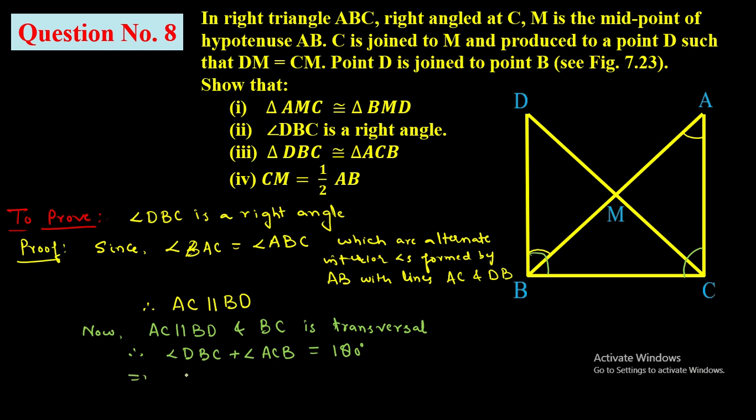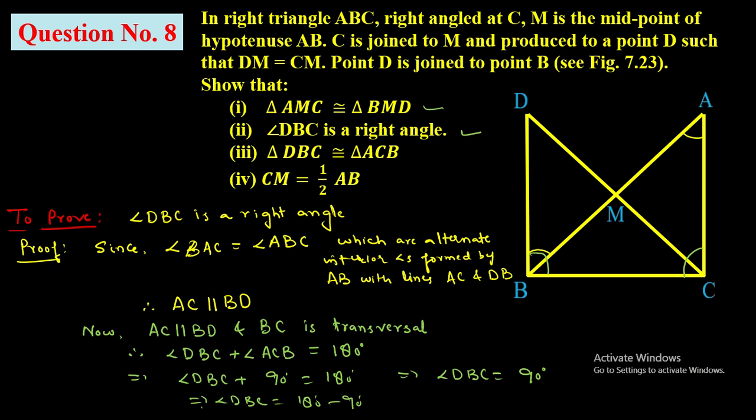So angle DBC plus, since it is given, angle ACB is a right angle, 90 degrees, is equal to 180 degrees. So it implies that angle DBC is equal to 180 minus 90 degrees, which is 90 degrees. Thus we proved that angle DBC is 90 degrees. So we proved the two parts of this question.